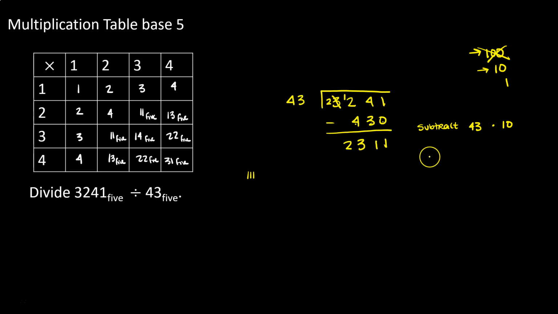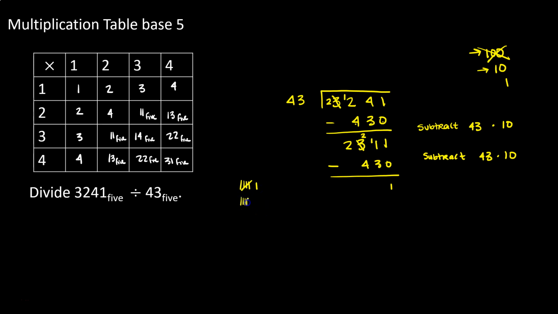We're going to try subtracting another group of 5 of the 43. We need to regroup. Remember, this is not 11. That's 1 group of 5 with 1 single.